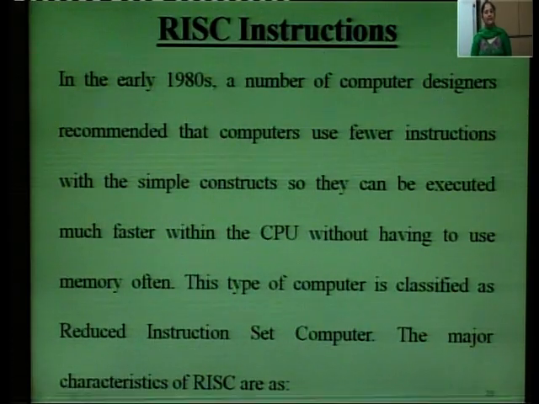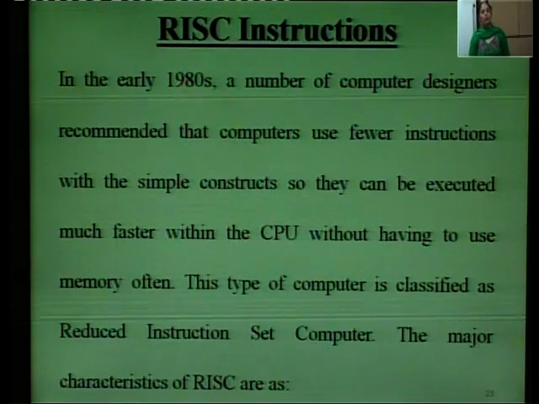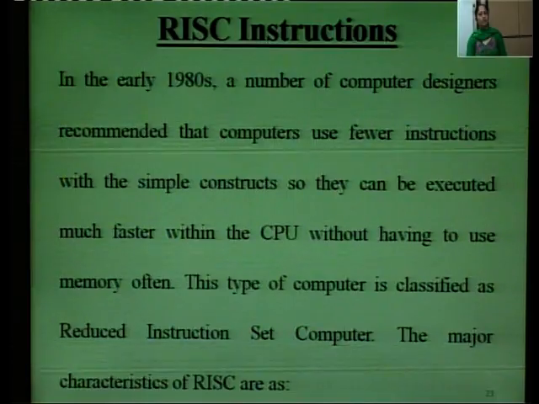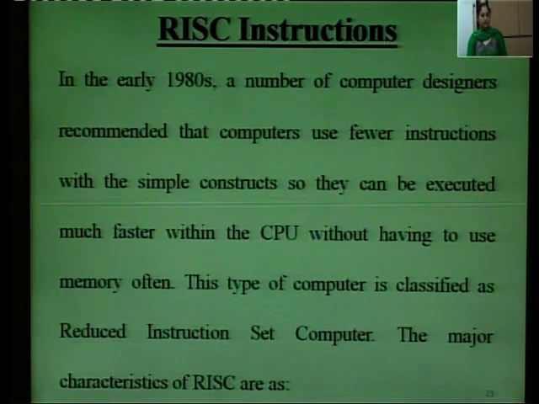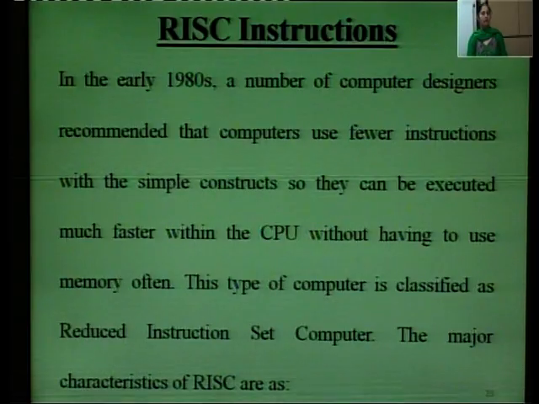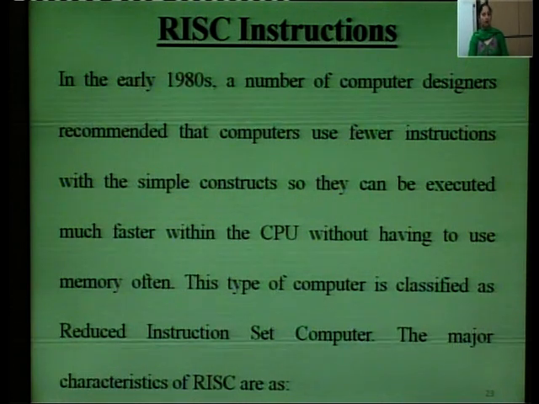In the early 1980s, a number of computer designers recommended that computers use fewer instructions with simple constructs so they can be executed much faster within the CPU without having to use memory. This type of computer is classified as reduced instruction set computer.